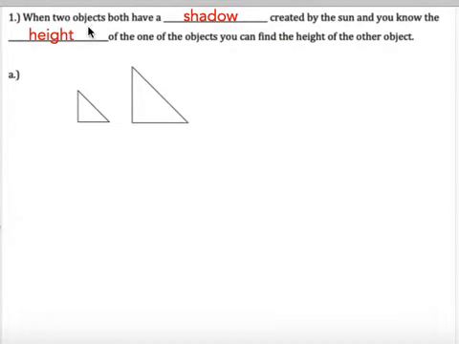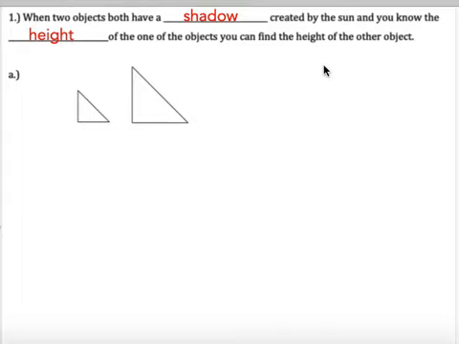When two objects both have a shadow created by the sun at the exact same time, if you know the height of one of the objects, you can find the height of the other. Okay?